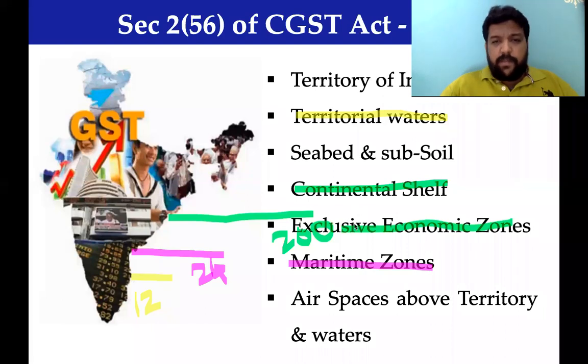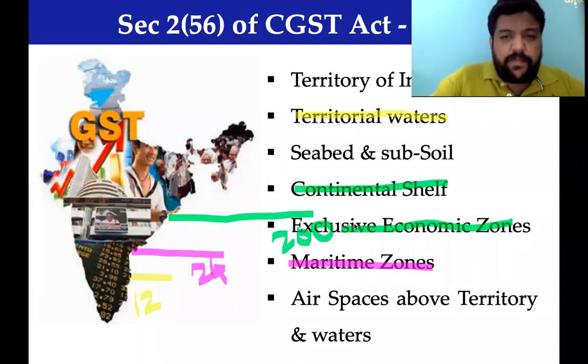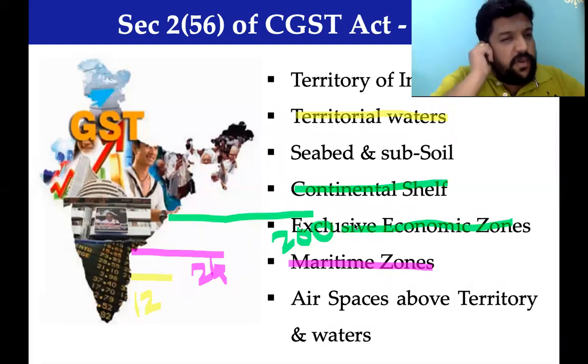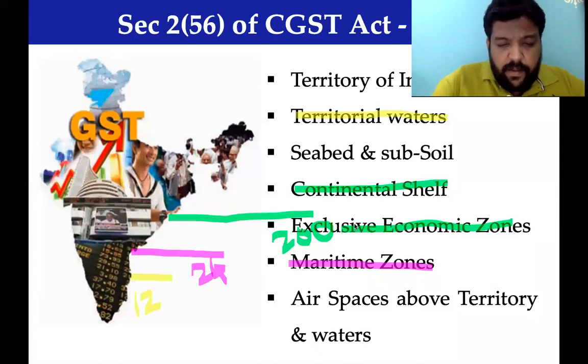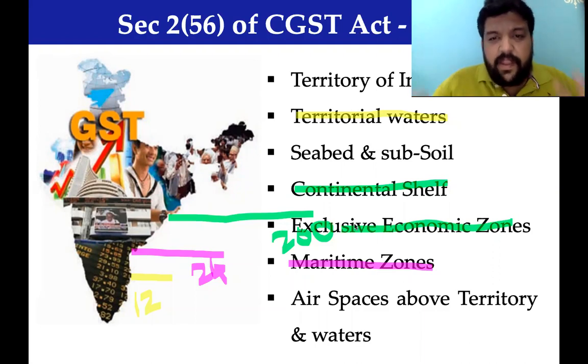A team of people came from Discovery Channel and they want to explore under the sea of the Bay of Bengal, and the complete shoot happened at the 124th nautical mile.